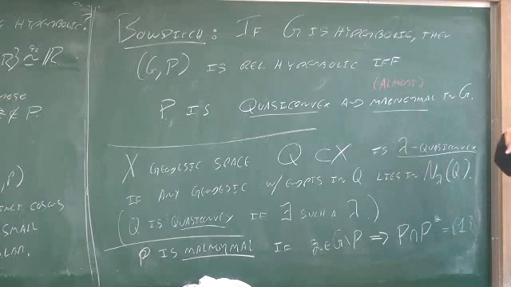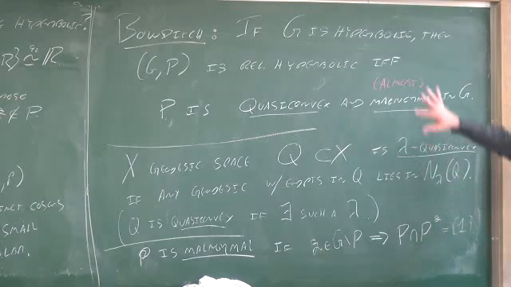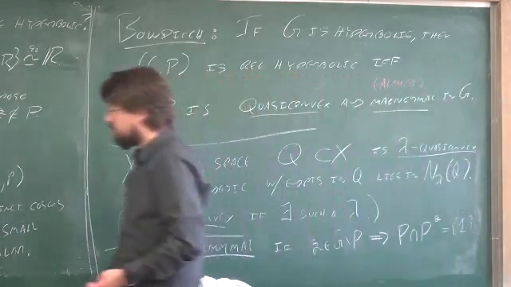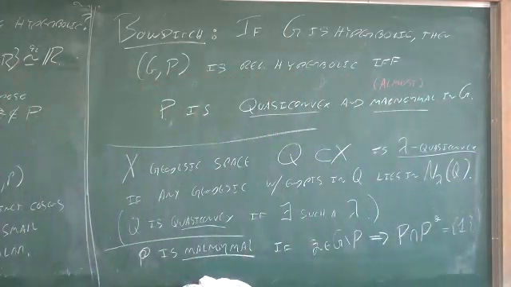Almost malnormal means that it's a finite group instead of being trivial. But in particular, if I take a torsion-free hyperbolic group G, then a pair (G, P) is going to be relatively hyperbolic if and only if the subgroup P is quasi-convex and malnormal.